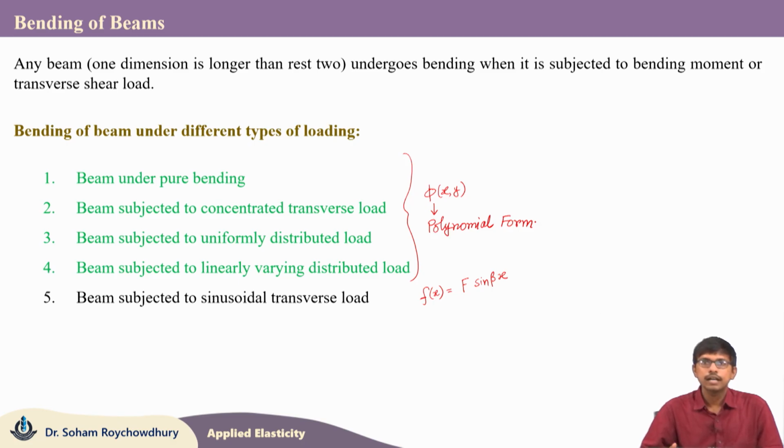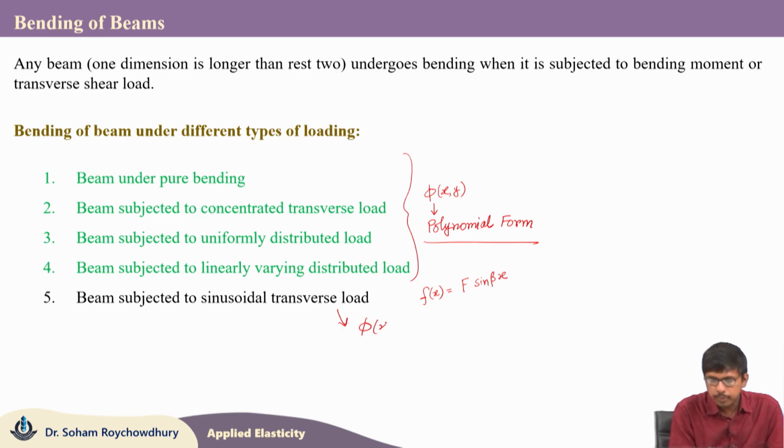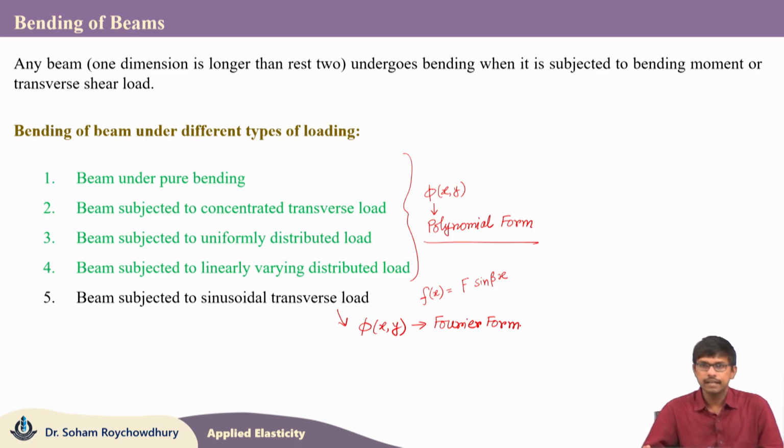If the trigonometric or hyperbolic functions are required to define the transverse loading, for such cases this polynomial form of solution will fail, and we must choose phi(x, y) in the Fourier solution form. And for a much more general type of loading, instead of a single sine wave, if it is any general periodic function of x, in that case the Fourier series solution is required to be used.